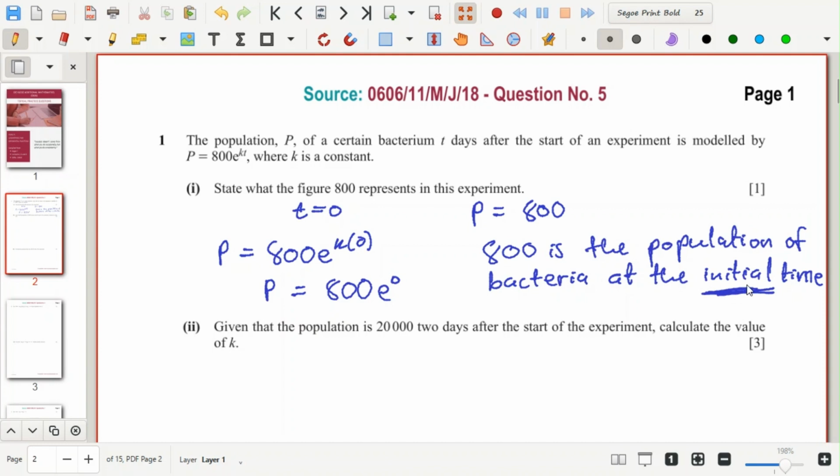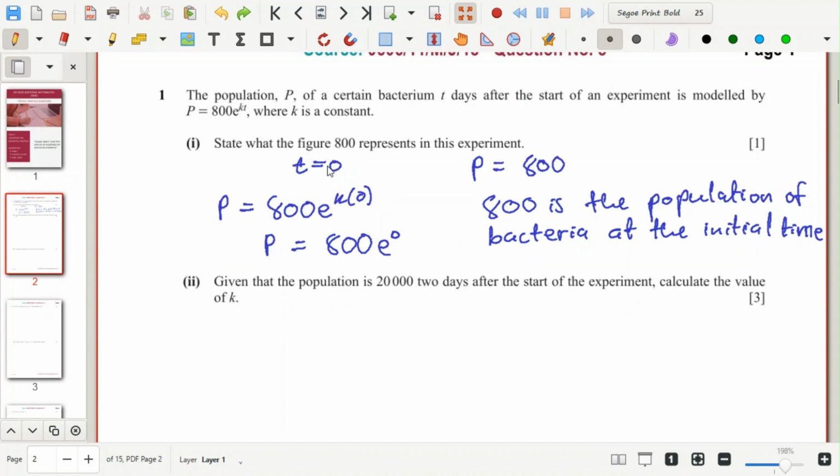This word must be the initial. Okay, so at the start of the experiment, the time is always what? Zero. That one we know for sure. So you can't just rise up and conclude that, oh, this is the rate of the experiment. No. Okay. So don't forget that at the initial time, time t is zero.